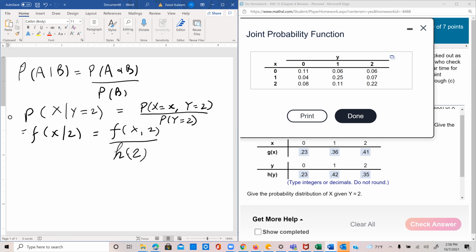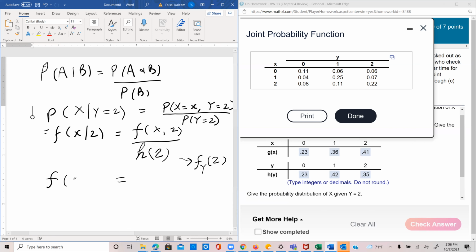So this is the same as f y at y is equal to 2. Okay, so f of x, 2 is going to vary as x varies, but the h of 2 is always constant. So f of x given 2 is equal to f of x, 2 over h of 2, and h of 2 we already know is 0.35.